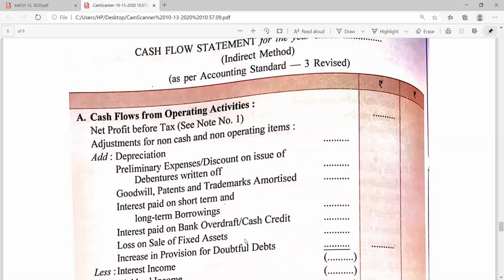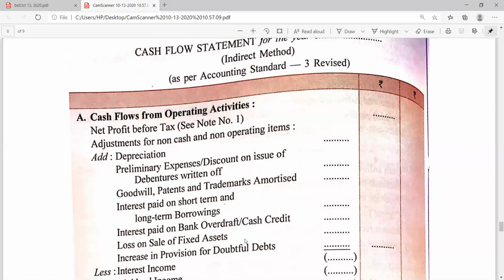Adjustment for non-cash and non-operating items is to be done. Whatever the items that are already deducted from profits, which are non-cash or non-operating in nature, are to be added back. Like depreciation is to be added back, preliminary expenses, discount on issue of debenture, written off goodwill, patents and trademark amortized.